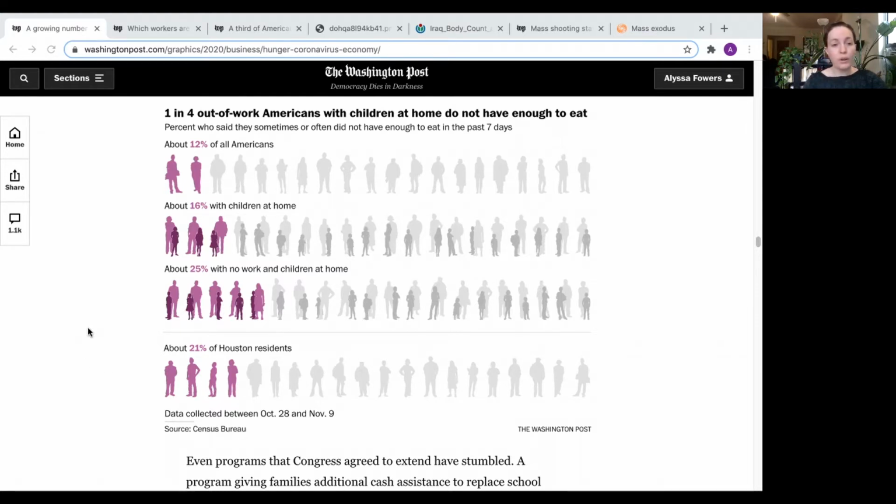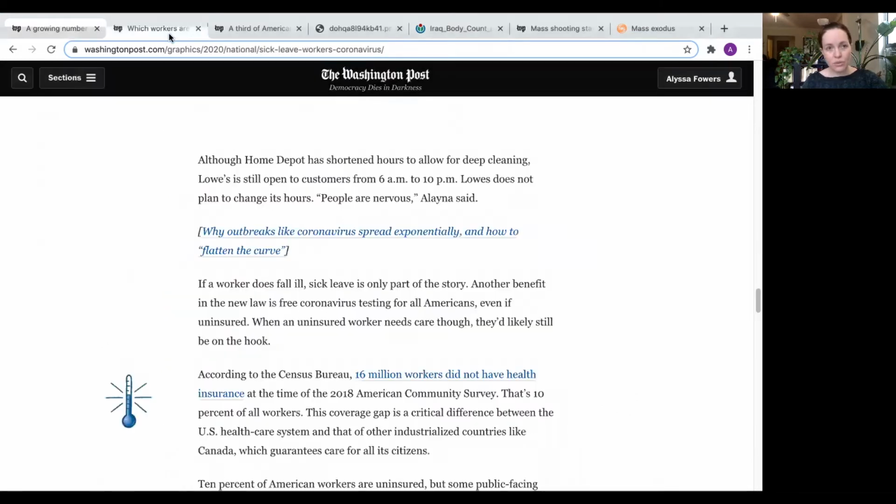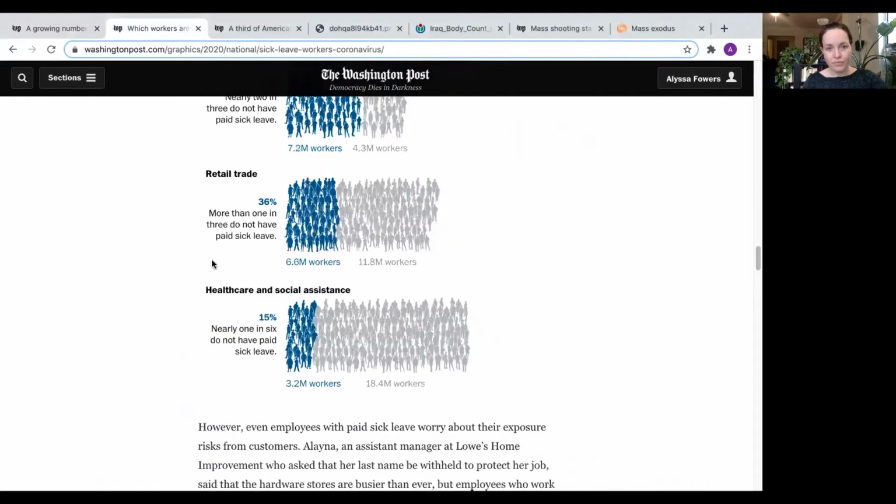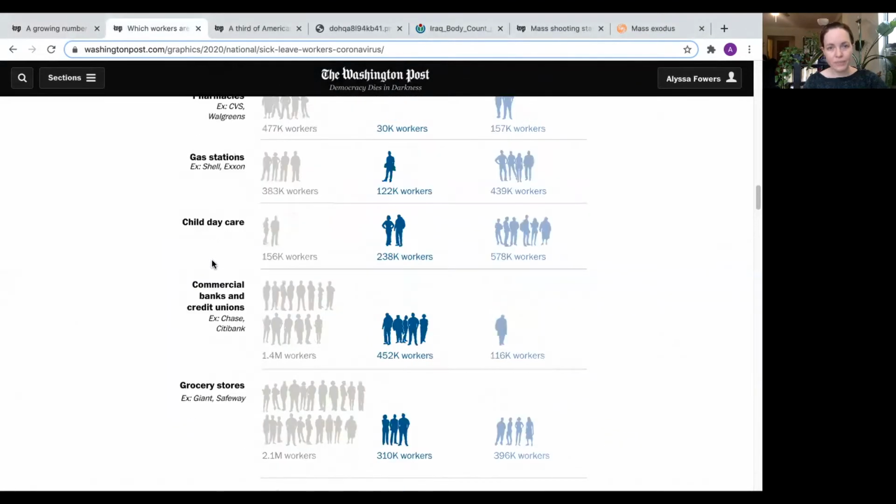So one of the things you might notice here is that it's really hard to do precise numbers with icon charts, especially if you're trying to show proportions. So one of the ways that I like to get around that is to do exact labeling.